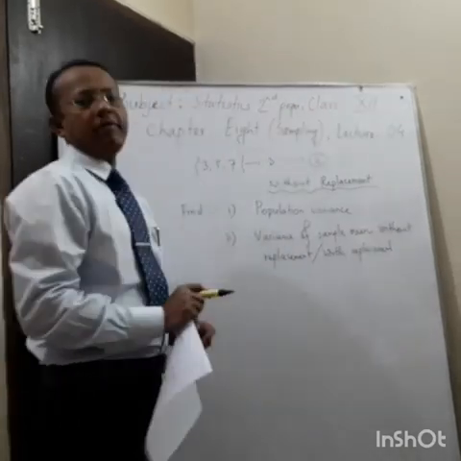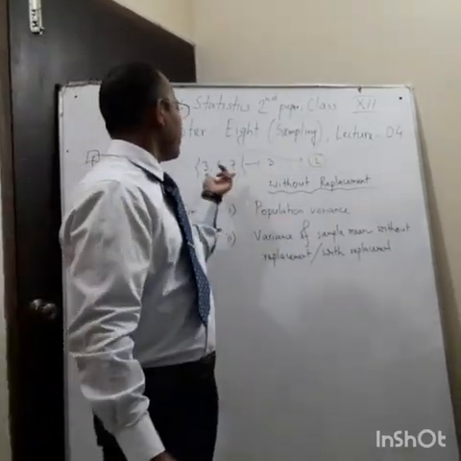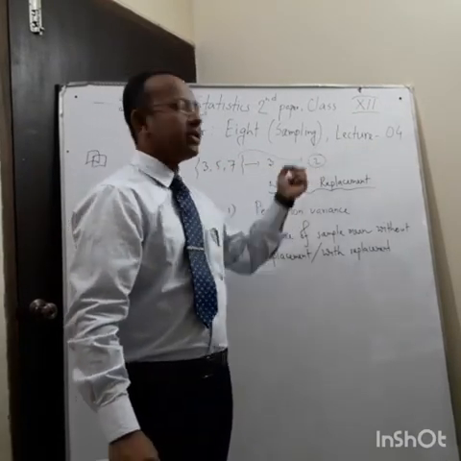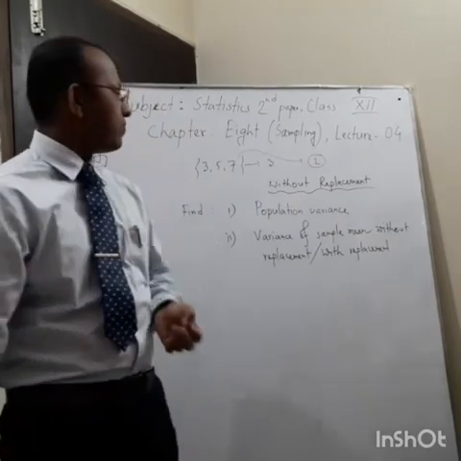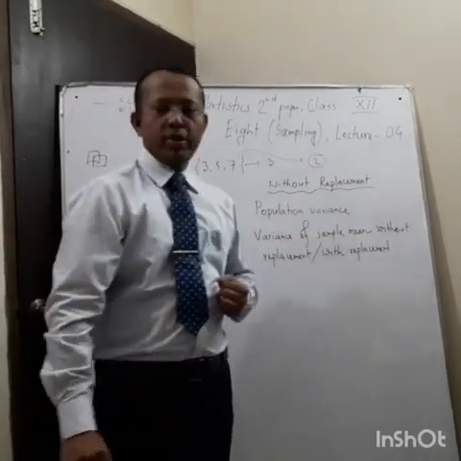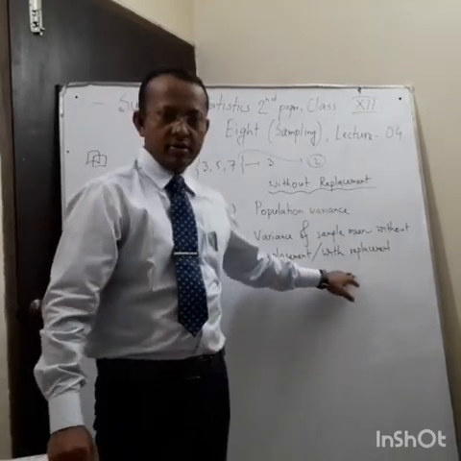We learned 3 formulas. The first one: from this population, if we collect samples of size 2, now find the variance of sample mean without replacement and with replacement.